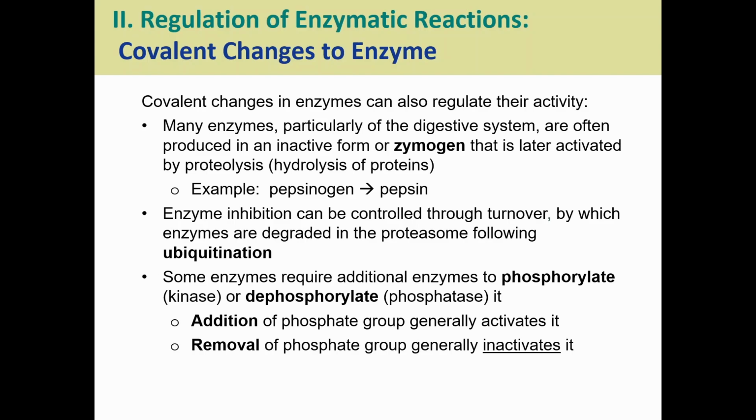That's not always 100% of the time the case, but generally speaking, you can keep these two little bullet points in your head, right? So there's a lot of things we can do, right? We literally have inactive versus active forms. We can mark enzymes for destruction, or we can use things like a phosphate group to turn them on or off.